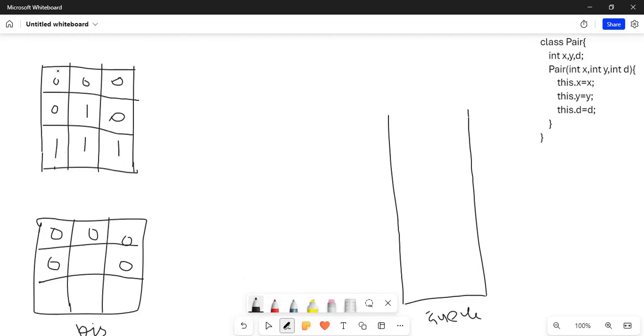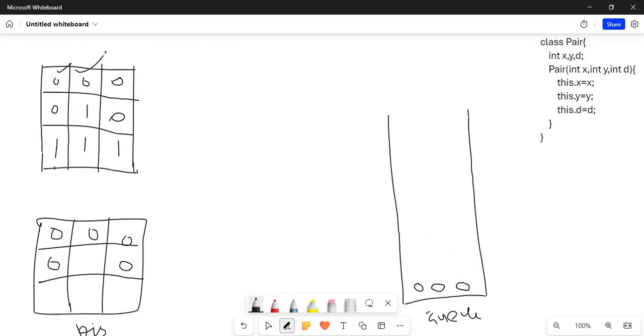If you are at this 0 0, and this value is 0, then the index of this box is x equals 0, row 0, column 0, and the nearest distance is also 0.